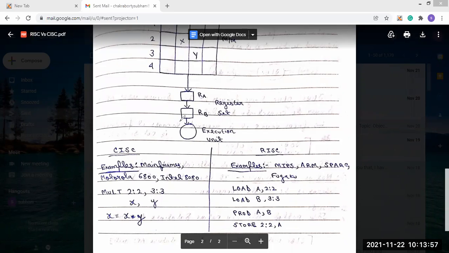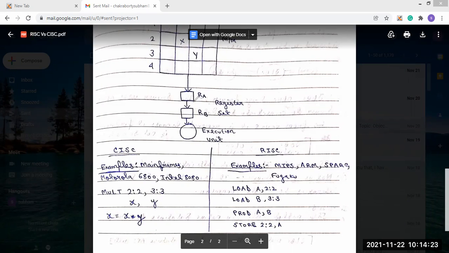Where will we store the product? If nothing is specified, we store it in the accumulator. So register A will work like an accumulator here.